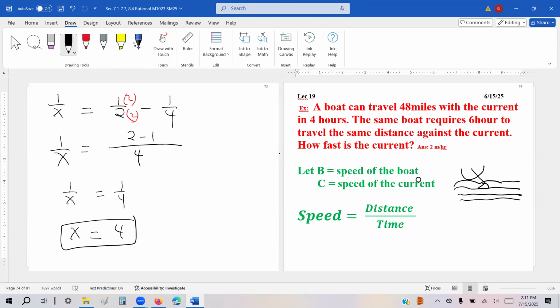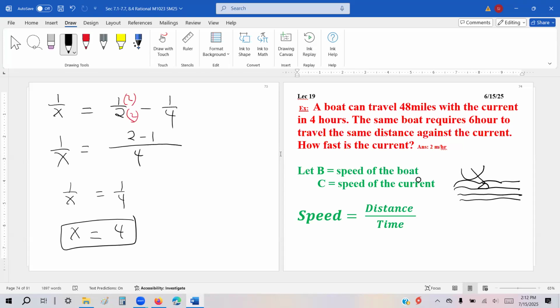Either you're going with the current or you're going against the current. Like an escalator, if you go up the escalator, you have 2 speeds, your own speed and the speed of the escalator. If you walk on an escalator, you're walking at your speed and the escalator has its own speed. So the 2 speeds add up and you get faster movement. Same thing with the water. When you're on the water, you have 2 scenarios.